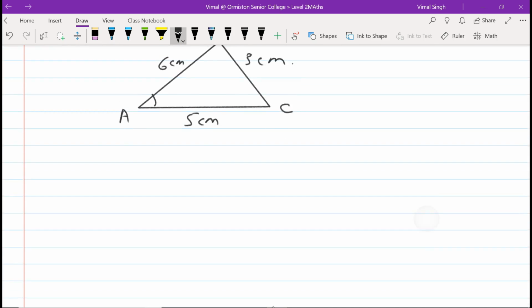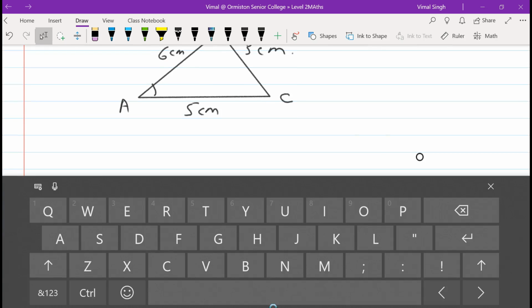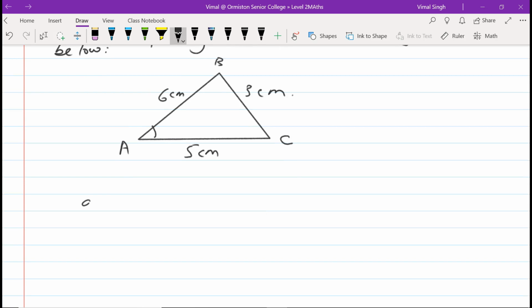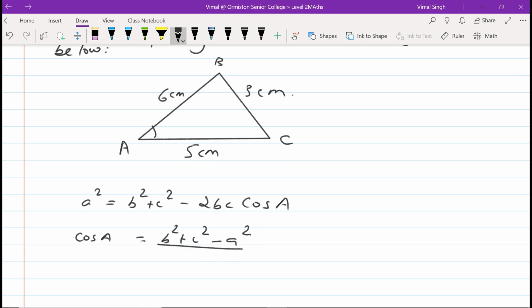So we remember, we know our rule is this. We have a squared is equal to b squared plus c squared minus 2bc cos of angle A. And I want cos A to be the subject of the formula, so that is going to be b squared plus c squared minus a squared divided by 2bc.